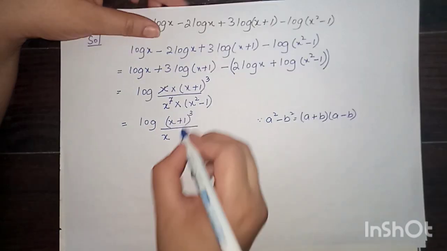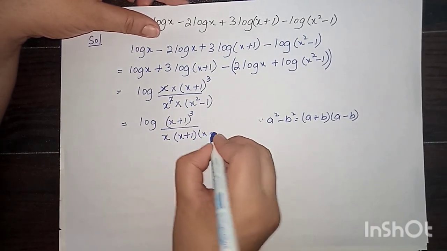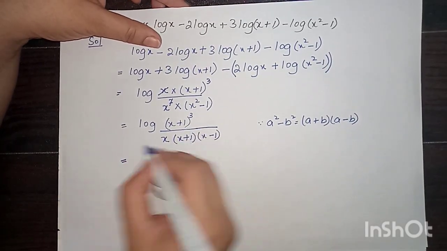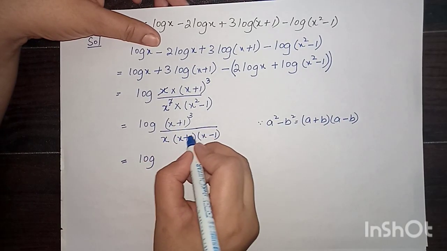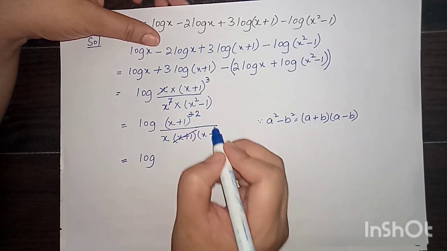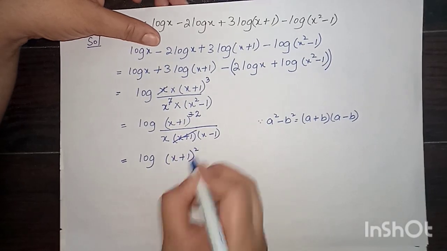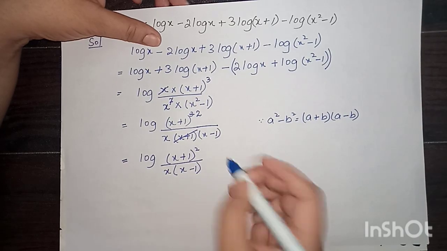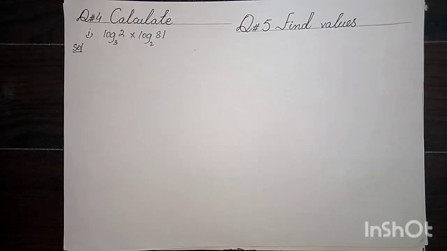So after applying the formula, this is equal to x plus 1 and x minus 1. This is equal to log of this x plus 1 cancels out with this x plus 1, and the remaining is 2. So this is equal to x plus 1 whole square divided by x into x minus 1, and this is my answer.